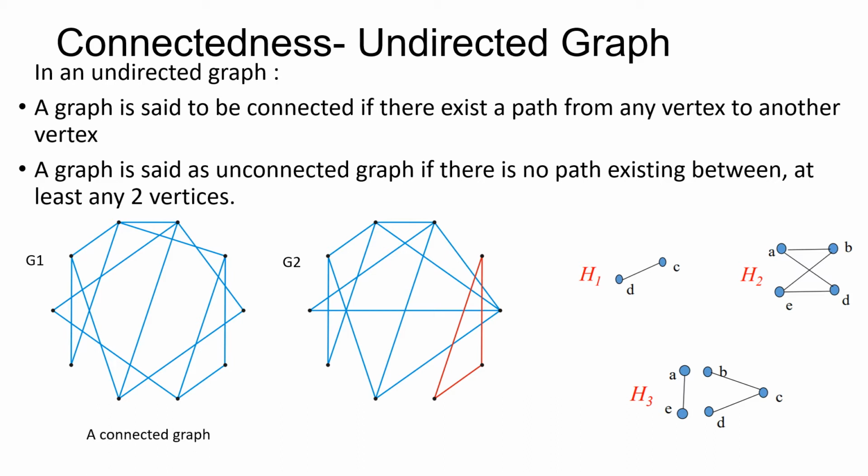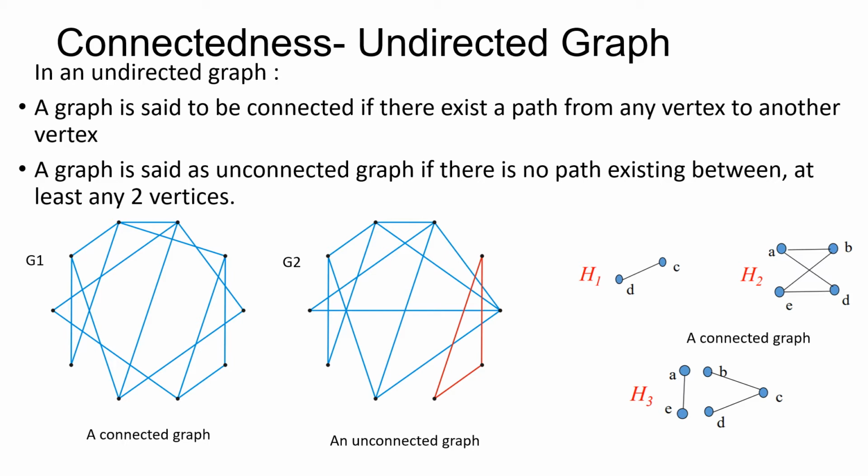So in the graph G1, we can see that there exists a path between any two vertices. While in graph G2, the vertices connected by the red lines or red edges are standing separately, which is not connected with the main graph.